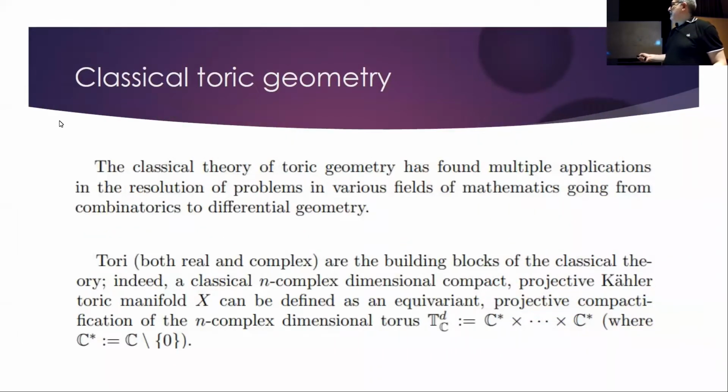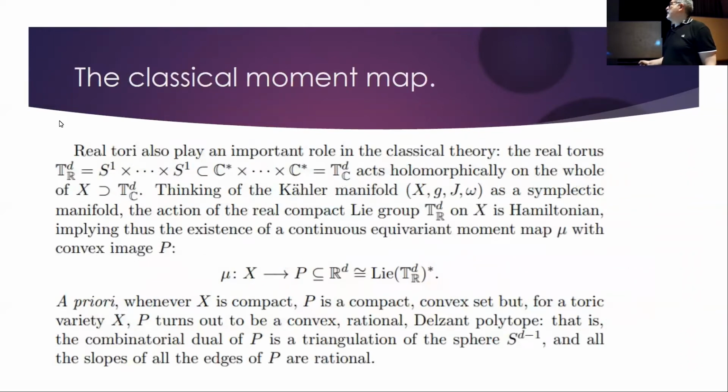In any case, we know classical toric geometry. In this crowd, I don't need to be too detailed. I will just say that a very important character in classical toric geometry is the torus, real and complex. This is the d-dimensional torus, and C star is C minus 0. We have the real torus, and the action of the real torus is Hamiltonian, and we have the image of the moment map.